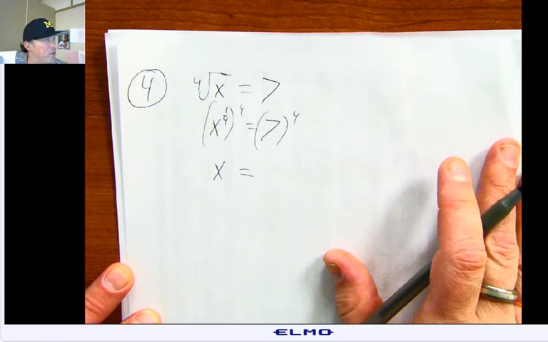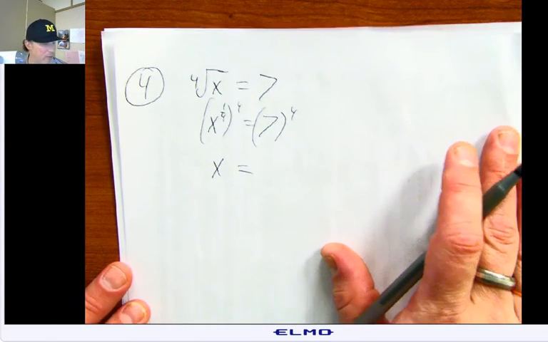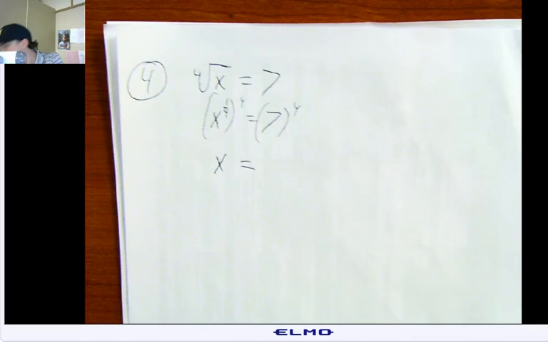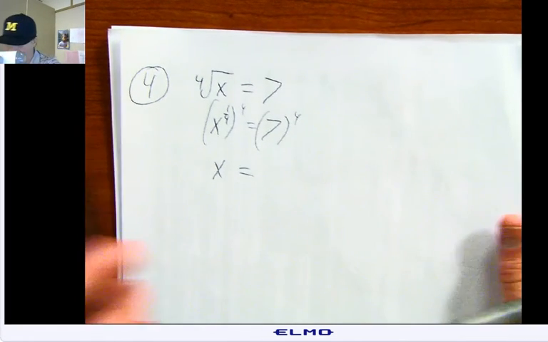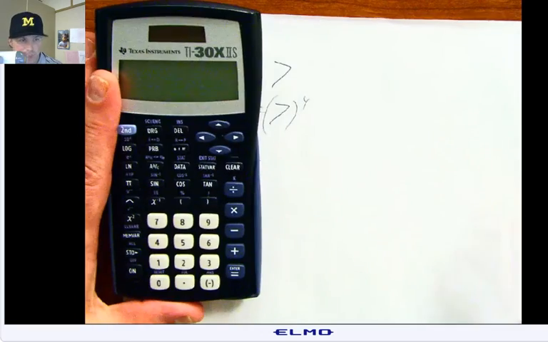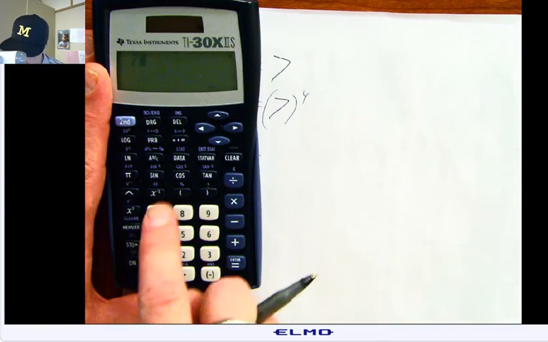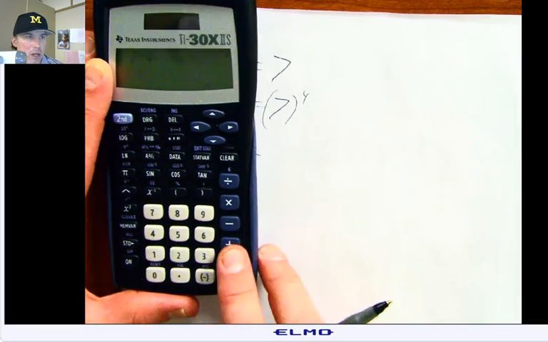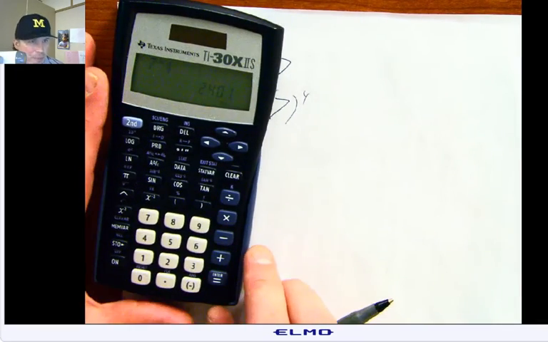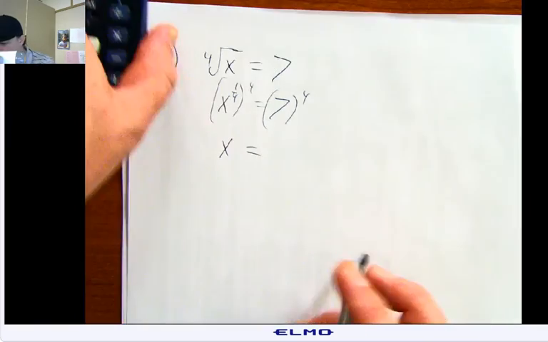Now, 7 to the 4th power is not on the required list, so you can always use your calculator for this. As I've shown in the past, 7 to the 4th power, use this button right here, and when I hit enter, it gives me an answer of 2,401.